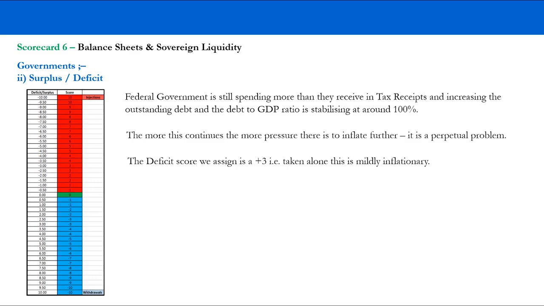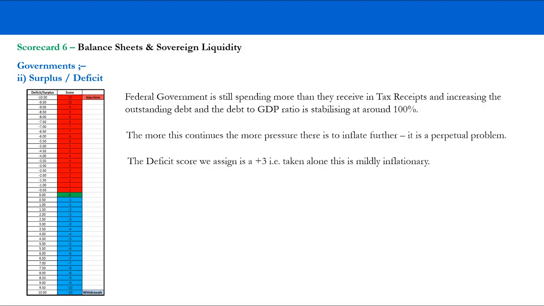Because if you look at outstanding debt and assign a scale of -10 to +10, and you take surplus and deficit and assign a scale of -10 to +10, the overall score, the scale, can come in at -20 to +20, and taken together, we're adding 10 plus 3.